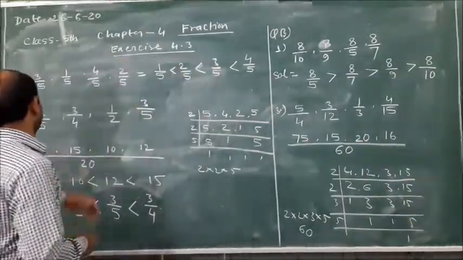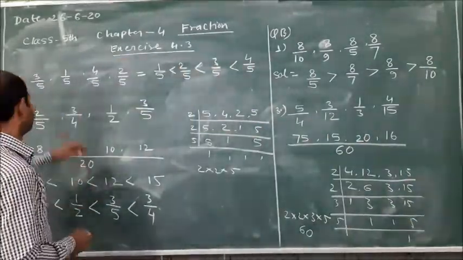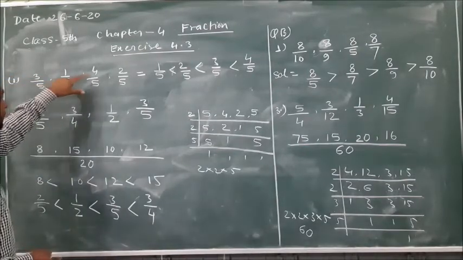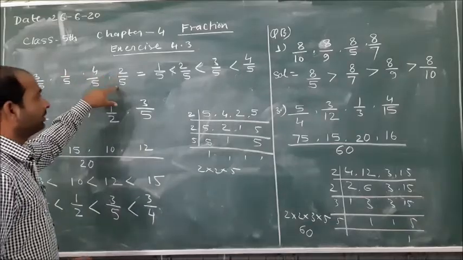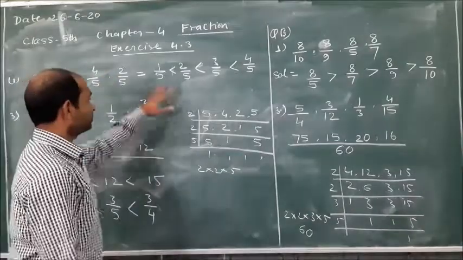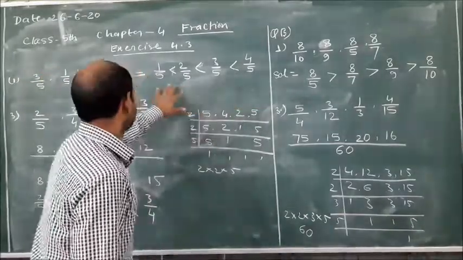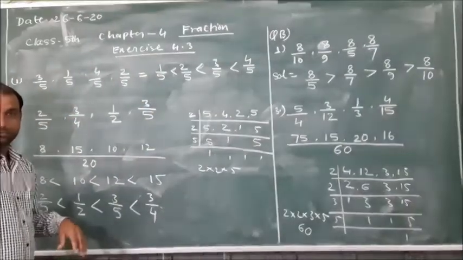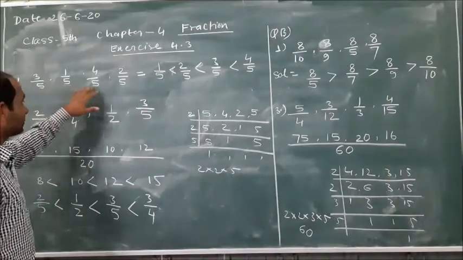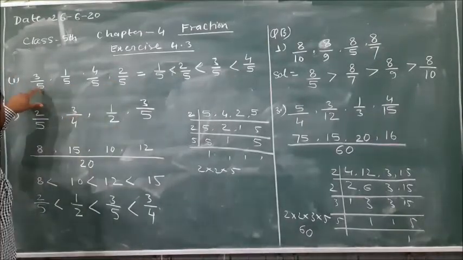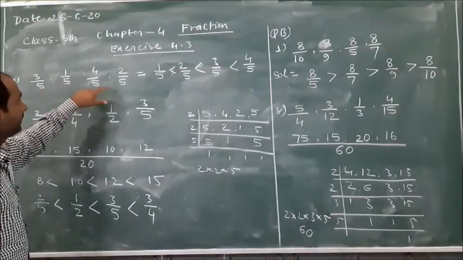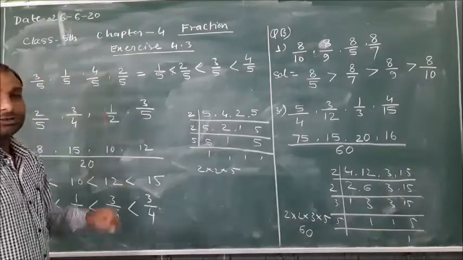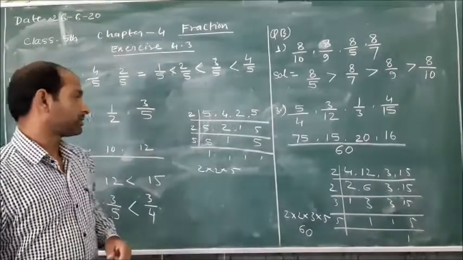So in the fraction, the first question is 3 upon 5, 1 upon 5, 4 upon 5, 2 upon 5. This is your answer. But first I will tell you here, if in the fractions the denominators are same, these are denominators 5, 5, 5, 5 and 3, 1, 4, 2 are numerators.